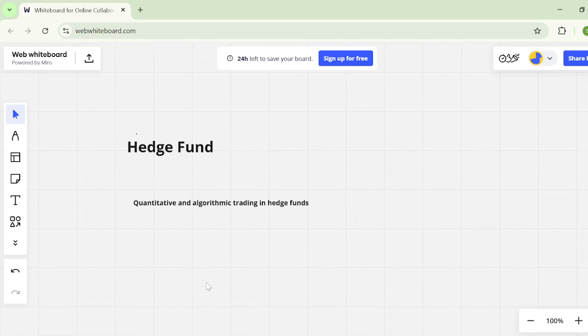Now, machine learning and AI in hedge funds: how are they used? I'm just explaining it. AI analyzes big data to detect patterns and predict stock movements, and is used in high frequency trading to execute thousands of trades per second.